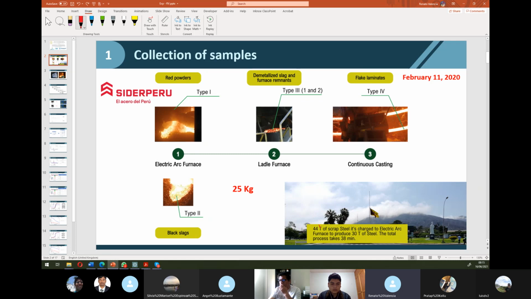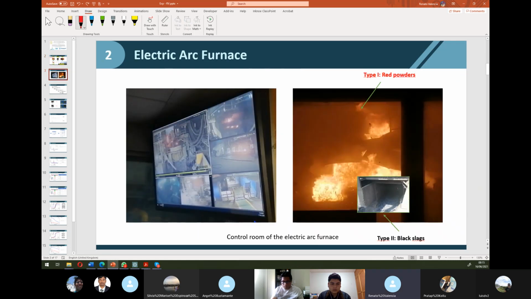I'm going to focus on the type 1 and type 2 samples from the electric arc furnace. Here we have the electric arc furnace control room.